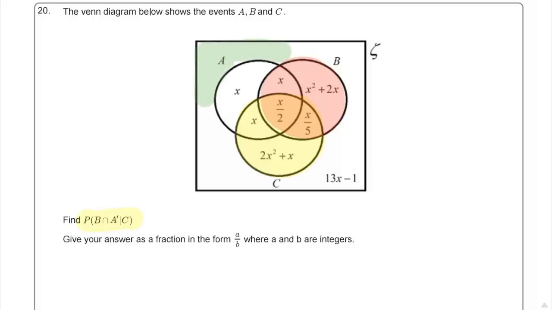is all of this around the outside. So it includes this as well. And it also includes this.